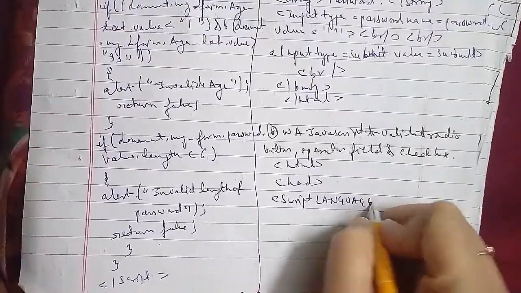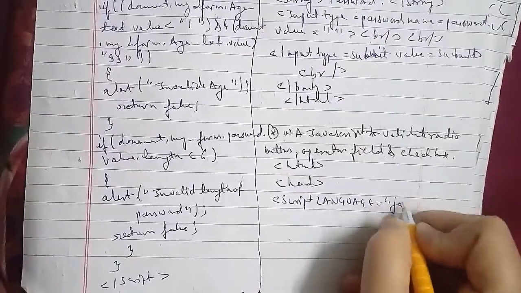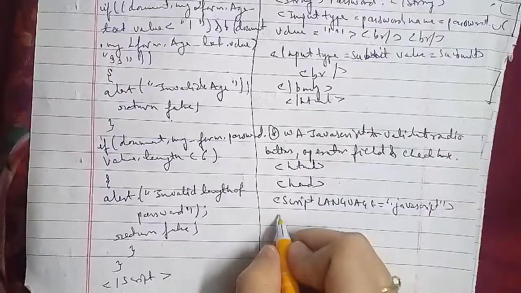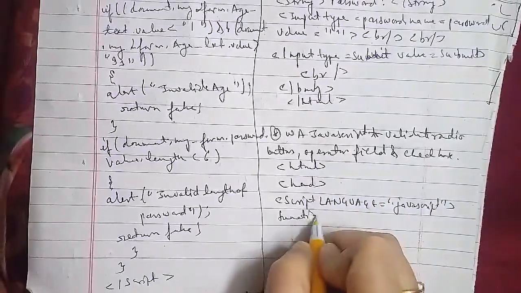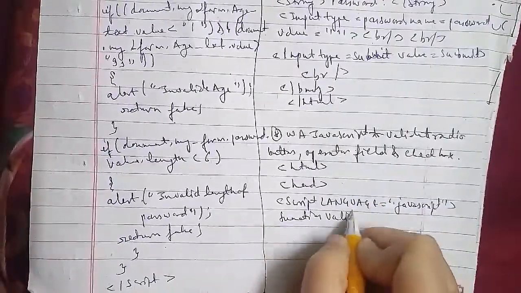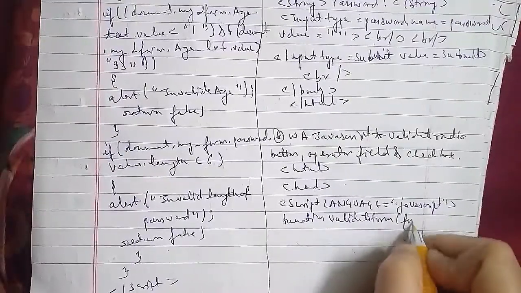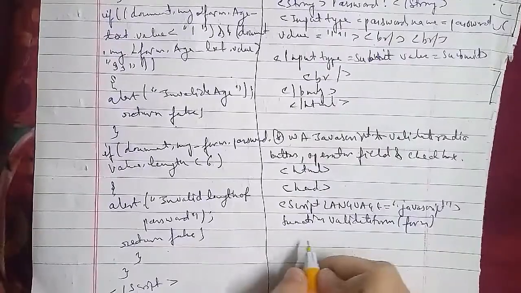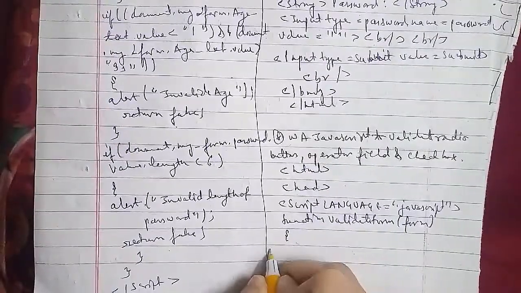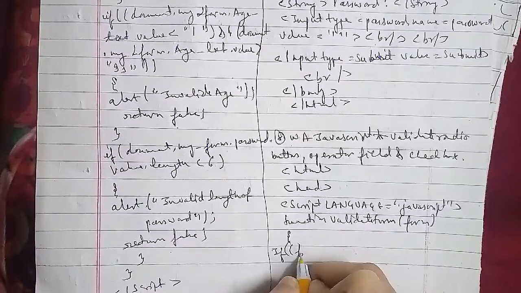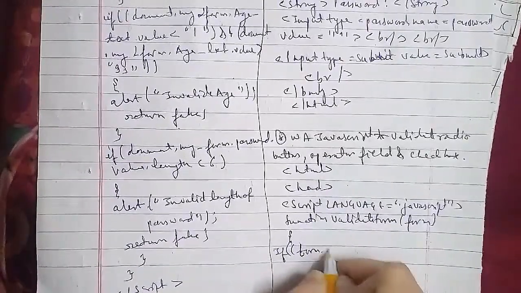closing tag, if form.course.selectIndex equals to 0, then alert please select some course.